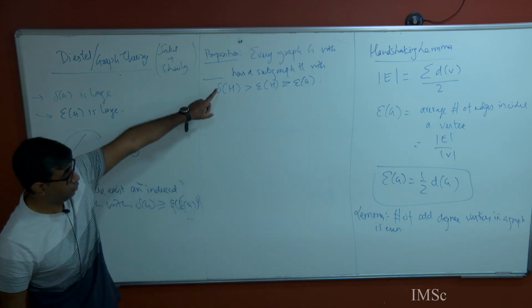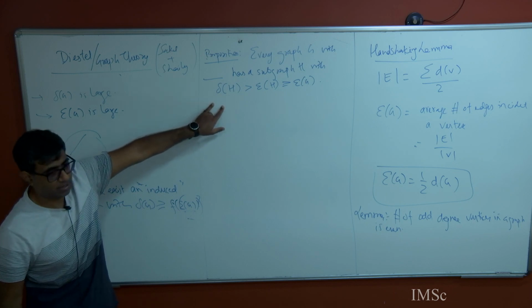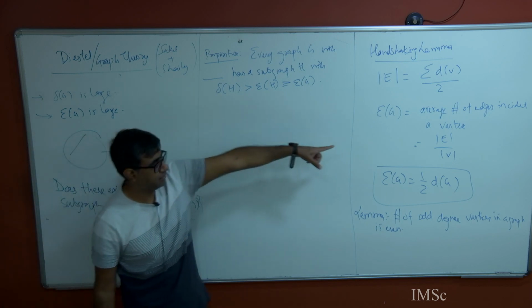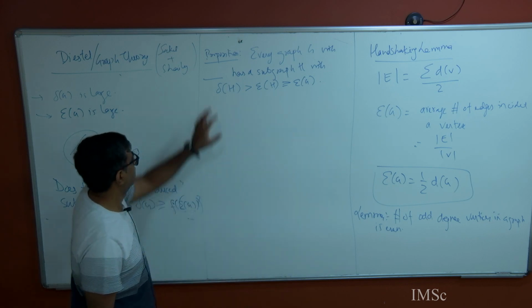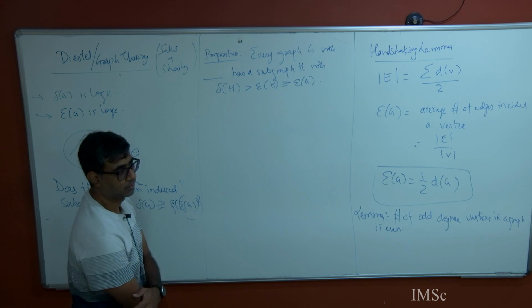So I'm able to give you a subgraph H where the minimum degree is at least as good as epsilon G. What should I fill in here?